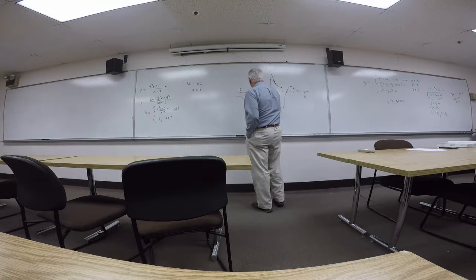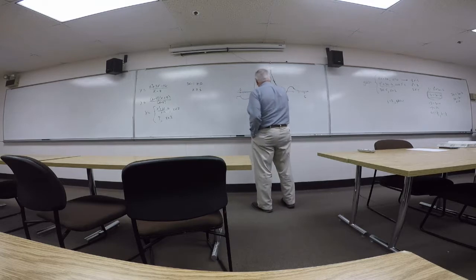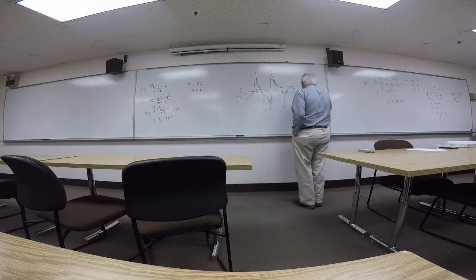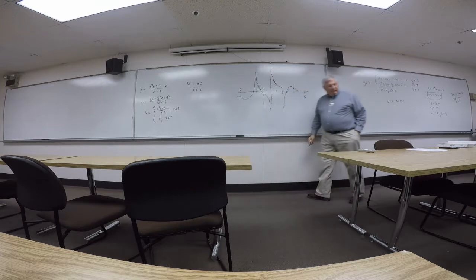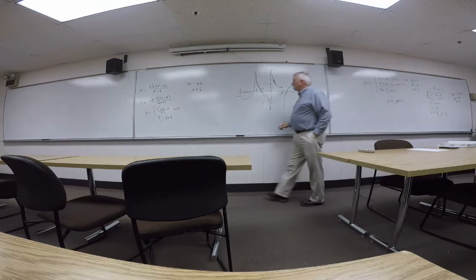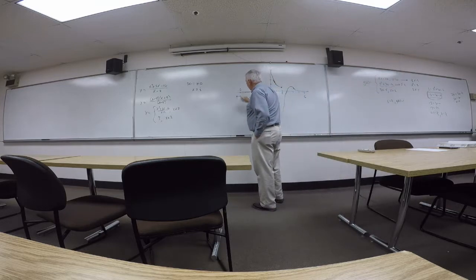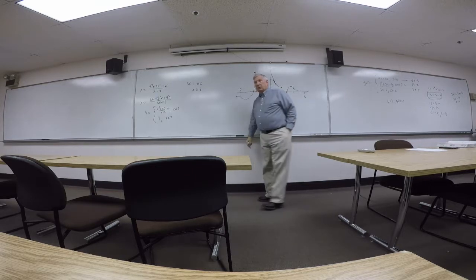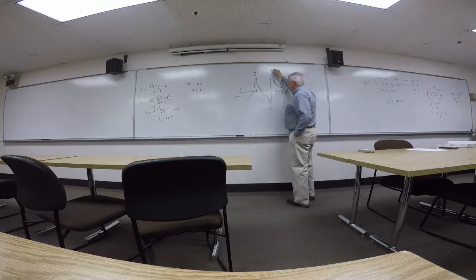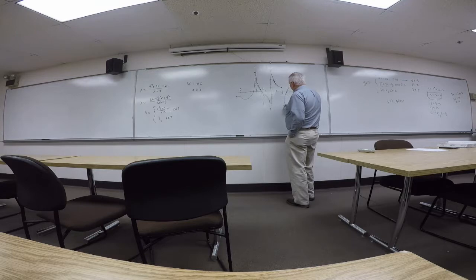Negative 6, negative 3, negative 2, positive 2, and so on. Here it does not show an arrow, it just stops. Here really goes on, so we have the vertical asymptote there. We have vertical asymptote here. We have vertical asymptote here. Okay.